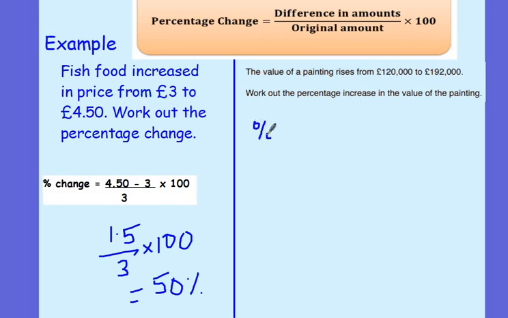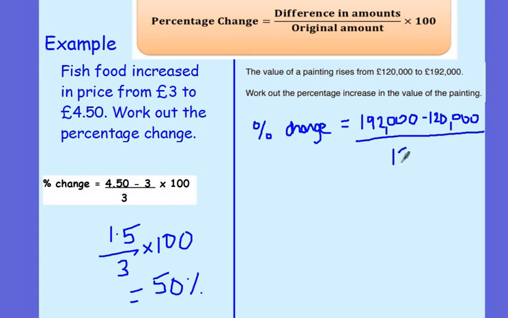So again, my percentage change is going to be my difference in amounts, which is 192,000 take away 120,000, over my original amount. My original amount was 120,000.